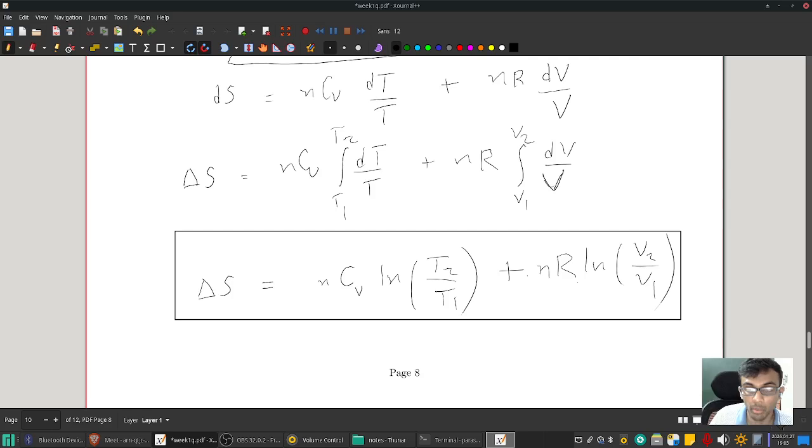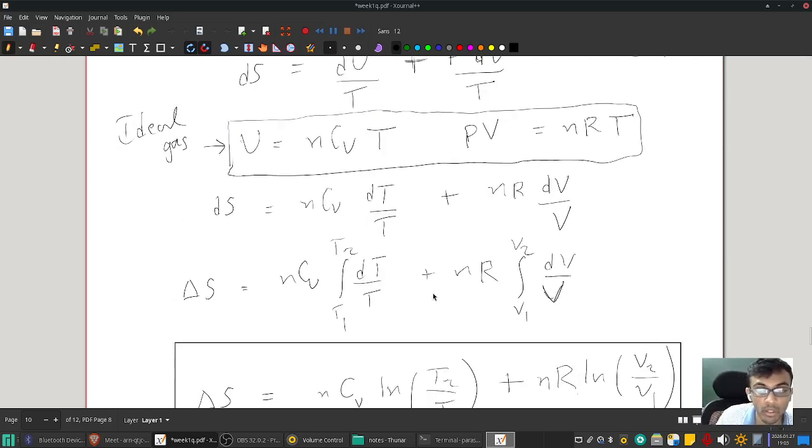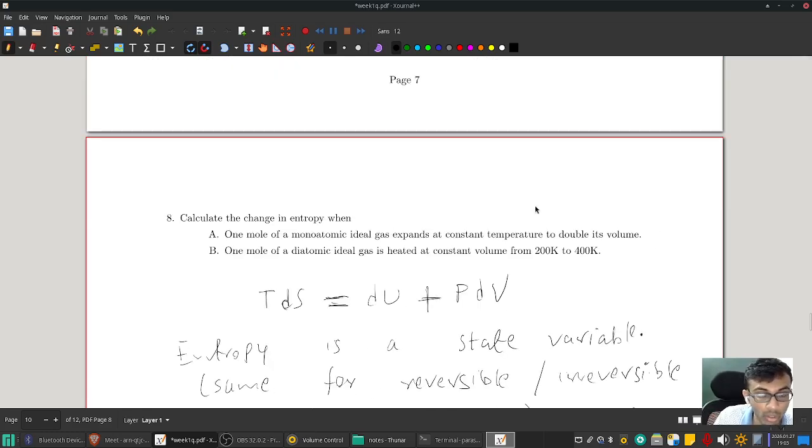This is the difference in entropy. So now we can apply this to these two cases simply to solve these questions.